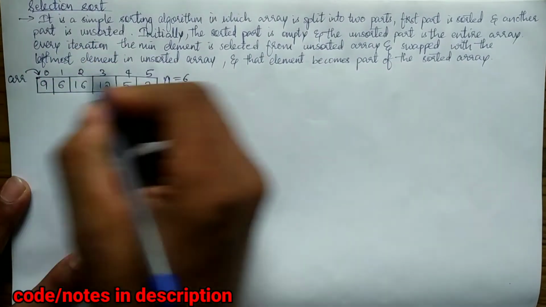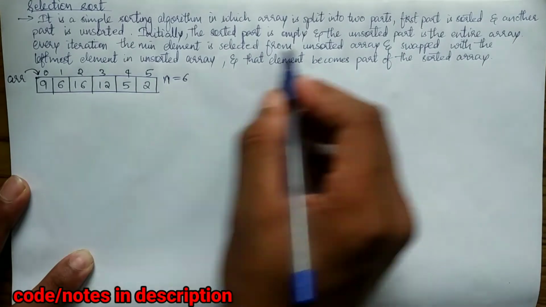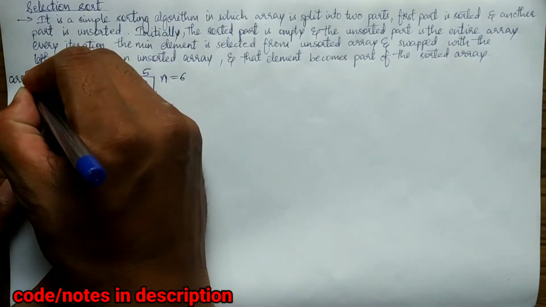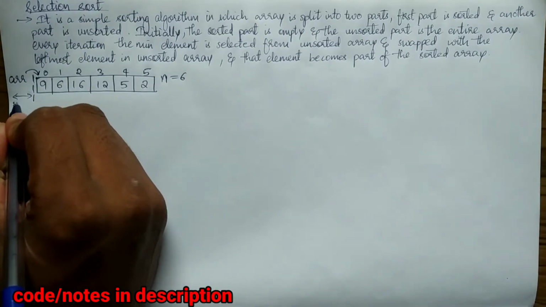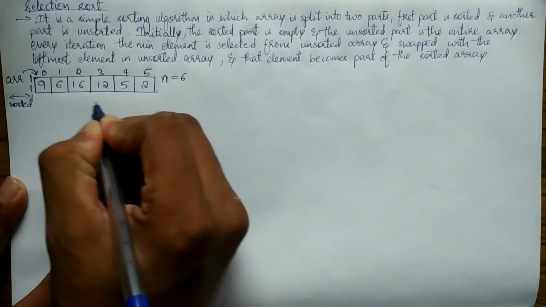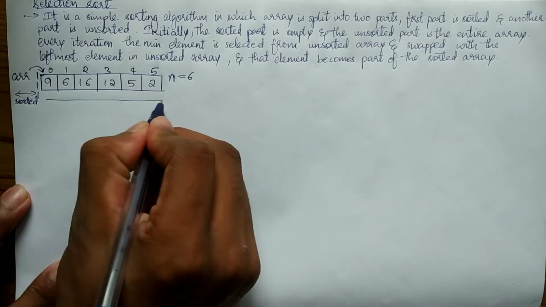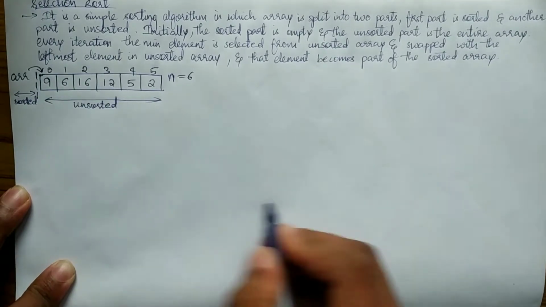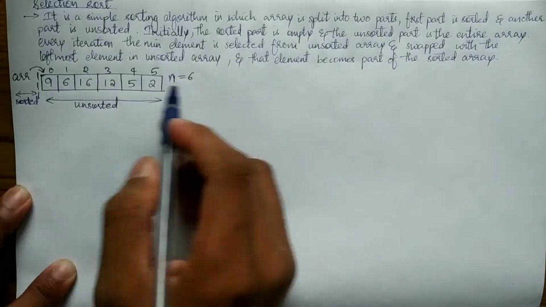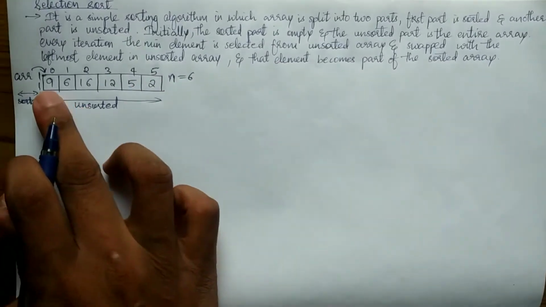So first our sorted part is empty, and this is our unsorted part. So first our sorted part is empty and unsorted part is the full array.